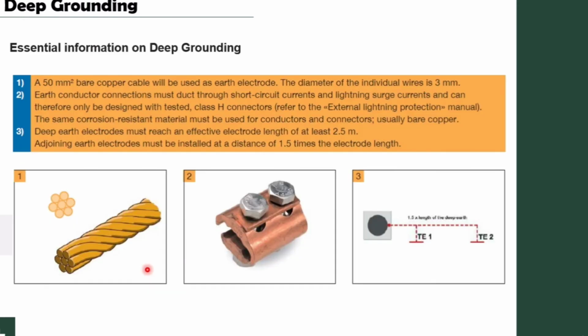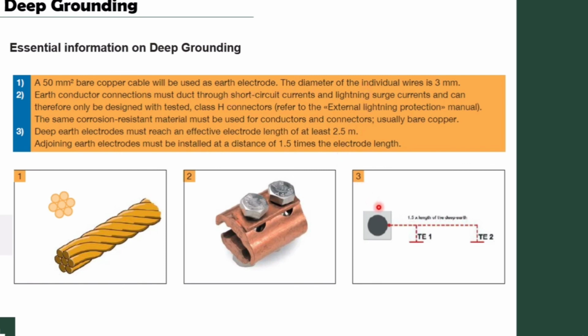And here also, if I want to install the deep grounding system, I must choose the copper bare cable with minimum cross-section area 50 mm, and also all the earth conductor connections must be able to conduct the short circuit currents and lightning currents.